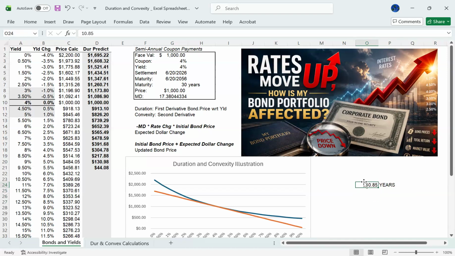Then if you have this number, you can very quickly estimate the impact of rate changes in your bond portfolio without the need of looking at each bond one at a time. That is the powerful use, and that is why we end up relying so much on duration and convexity, because of how fast it allows us to evaluate this and to make decisions.